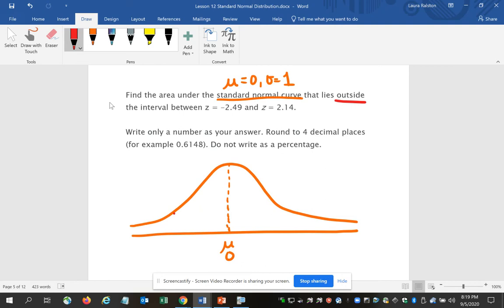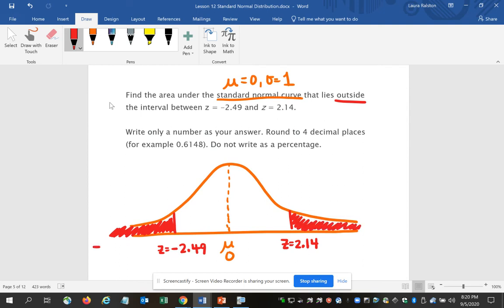Since it's negative, that would be here on the left. Z is negative 2.49 and positive 2.14. Positive 2.14 would be on the right, and it wants us to be outside that, not between. So outside implies that I'm in this region to the left and this region to the right.